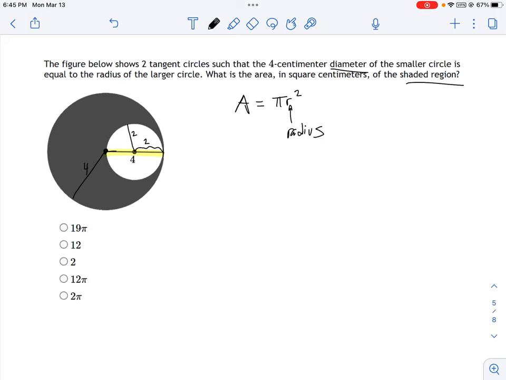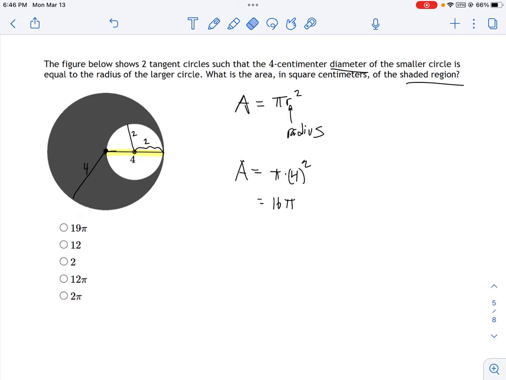So if the area of the larger circle is pi r squared, then you just plug in your 4. So A equals pi times 4 squared, and that's going to be 16 pi. We'll notice that none of the pi's have been multiplied in here, which means we're just going to keep it as 16 pi for now.